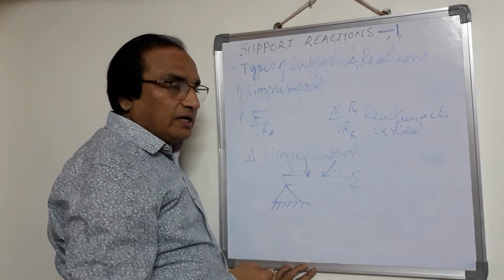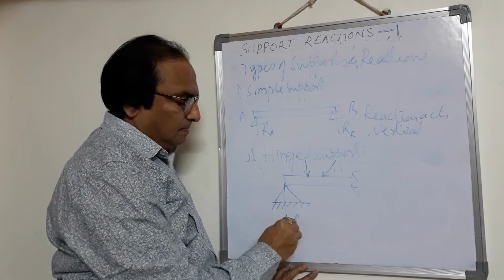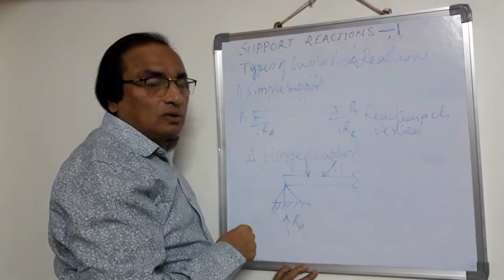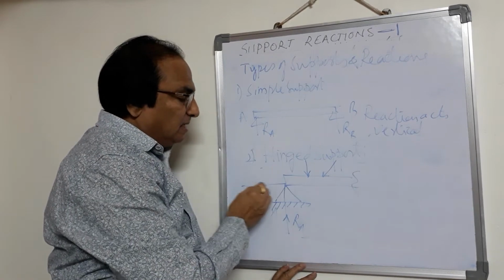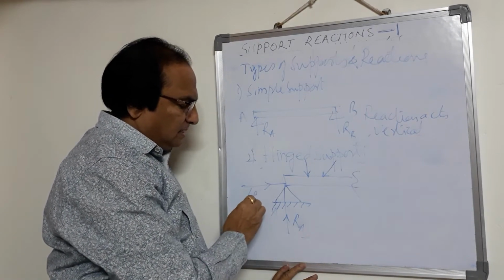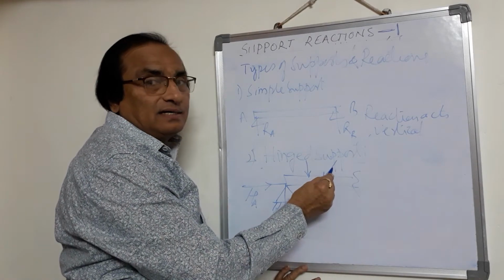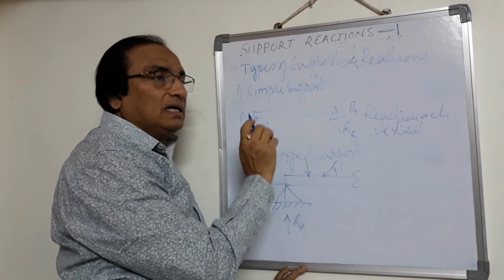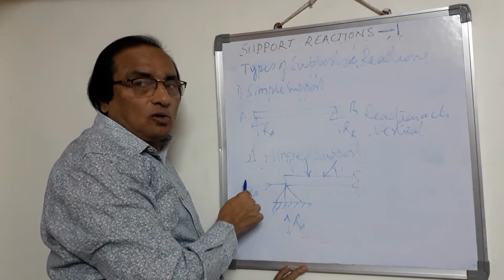In this, if the loads are vertical, the reaction is vertical, RA. If the load is acting horizontal on the beam, then it will give a horizontal reaction, HA. If the force is inclined, it has both a horizontal component and a vertical component. In such cases, there will be both vertical reaction and horizontal reaction.